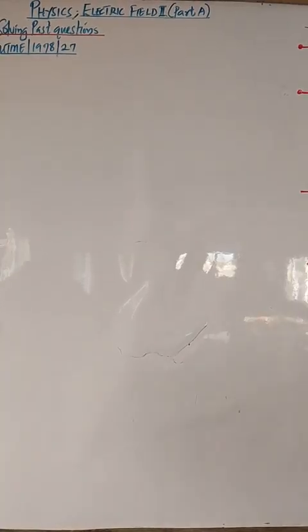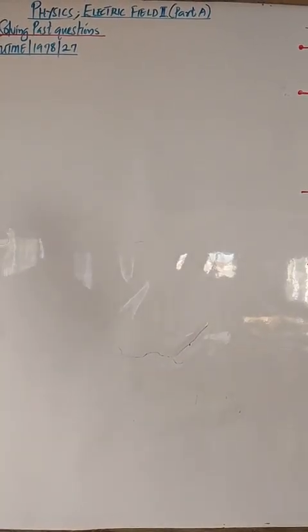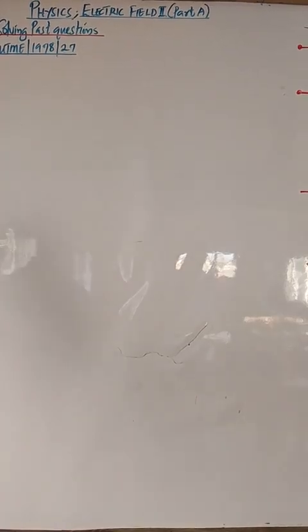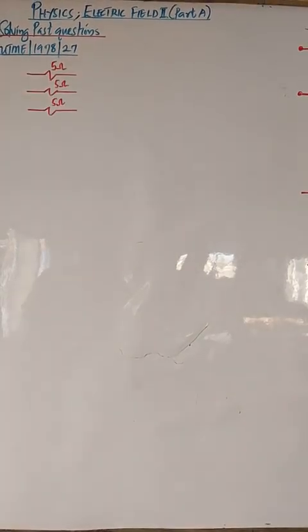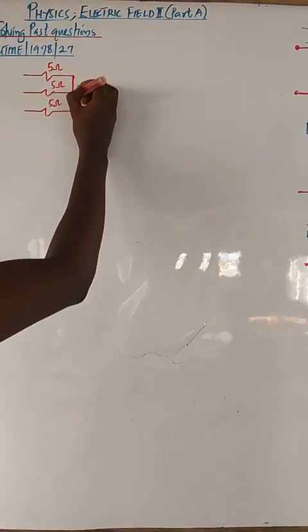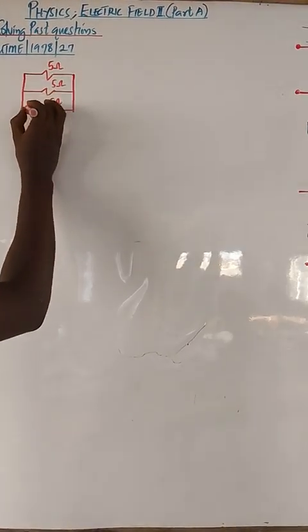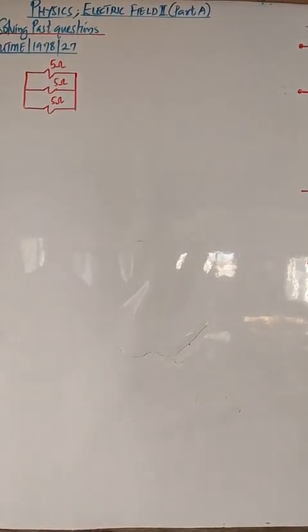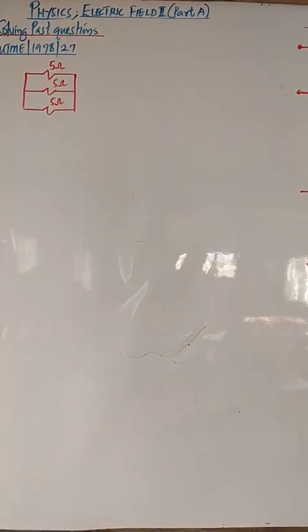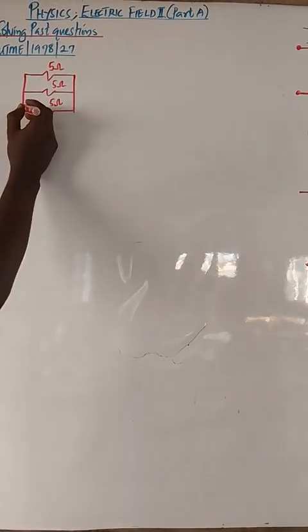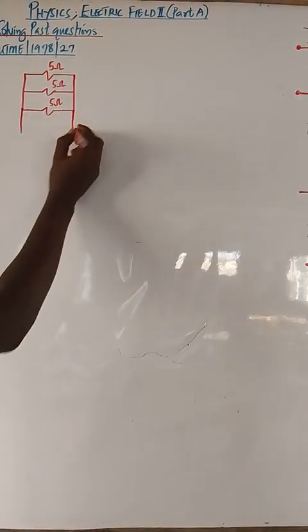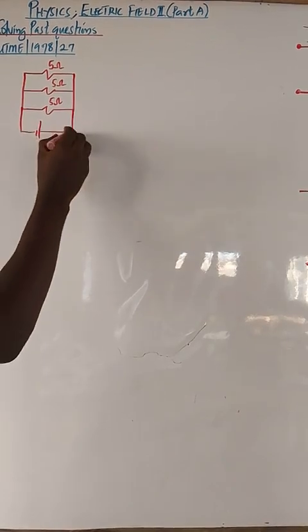The first question we're solving is from UTME 1978 number 27. 3 5-ohm resistors are connected in parallel. So this is a parallel arrangement. What next? They have a potential difference of 60 volts. So within these two nodes, the potential difference is 60 volts.